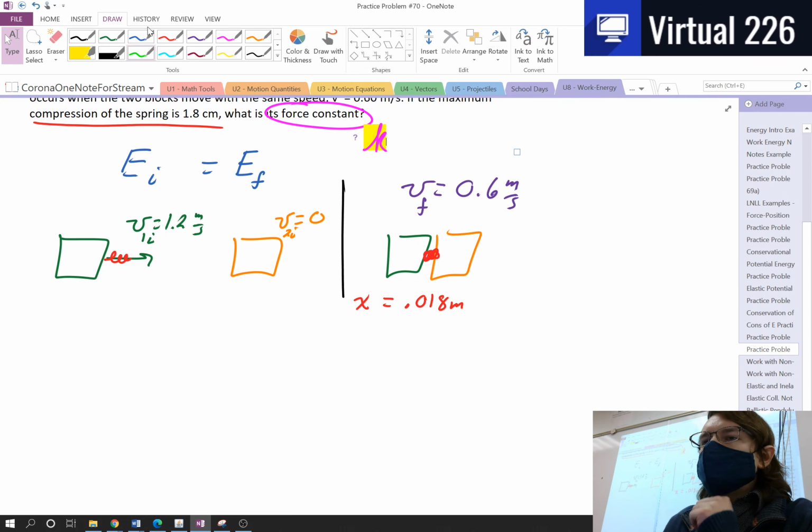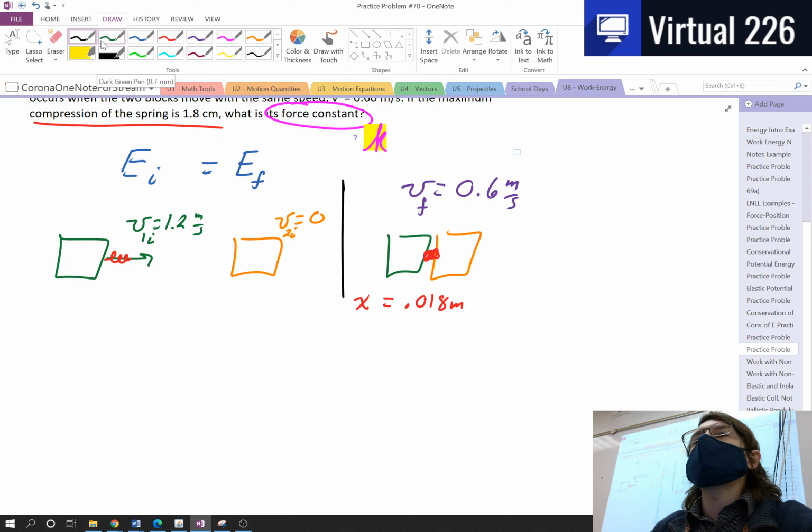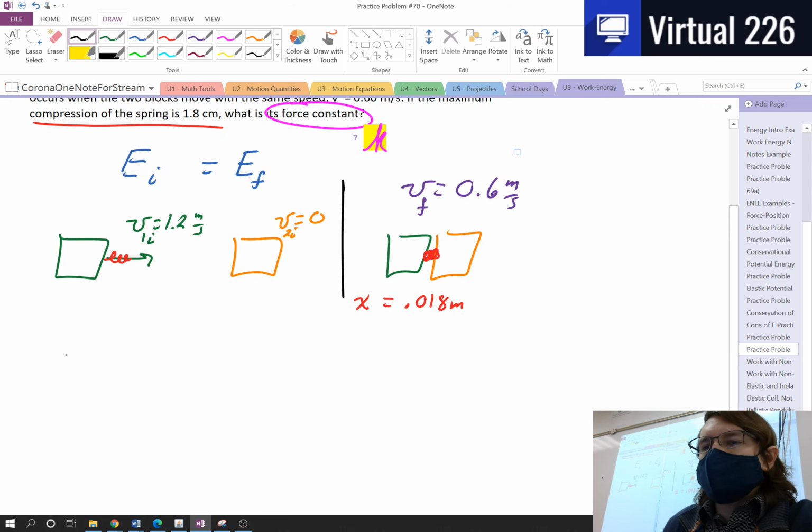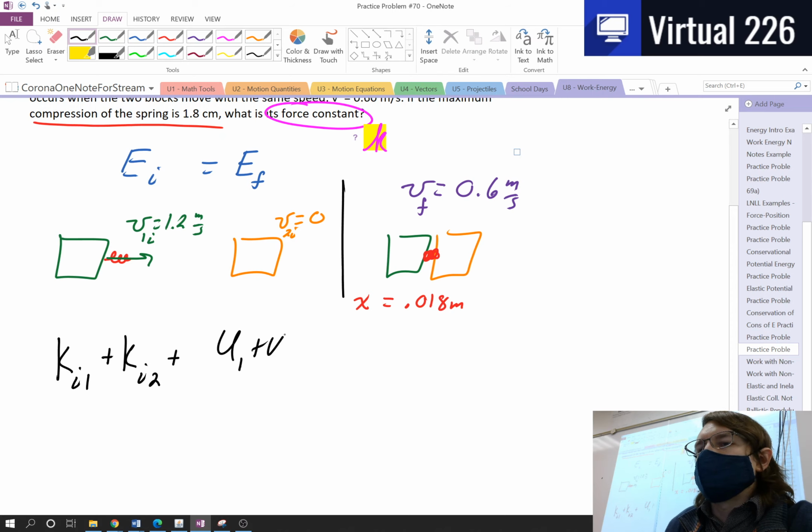Now, normally when we do this, we would only think about kinetic energy for one object. But we have two kinetic energies here. We're thinking about the kinetic energy initially of the first object, plus the kinetic energy initially of the second object, plus any of the potentials we have for object 1 and object 2.